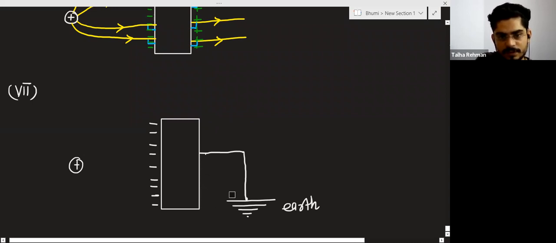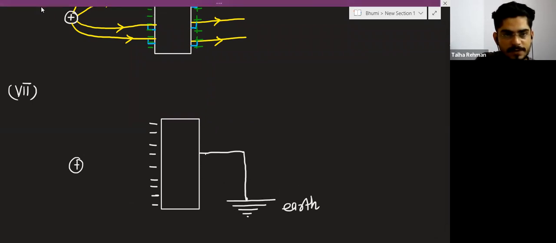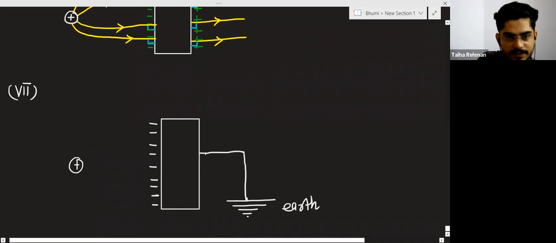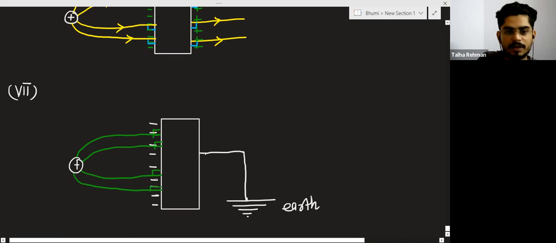This is gone somewhere inside the earth. This is earthing. If you have a positive charge and a conductor, and this conductor is earthed from one side, then the electric field lines will be like this, emerging like this, like this, like this, and these are perpendicular to the conductor.